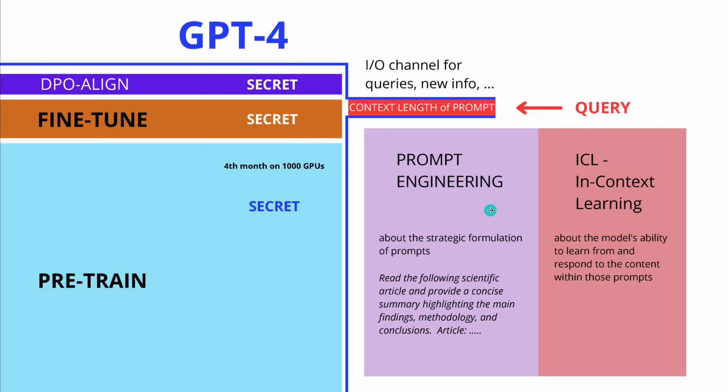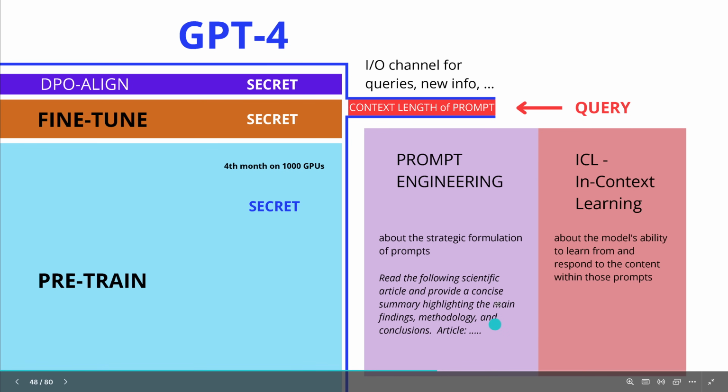So, prompt engineering is about a strategic formulation of your prompt, of the words you put into the prompt, the words of your query. An example would be this prompt: read the following scientific article and provide a concise summary highlighting the main findings, the methodology, and its conclusion, and then you provide the article.